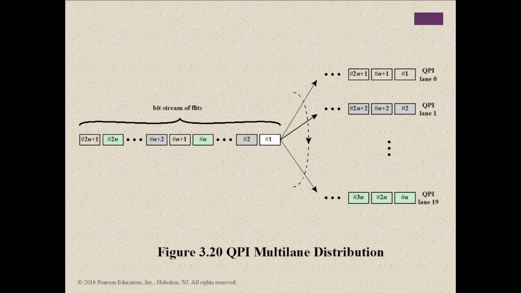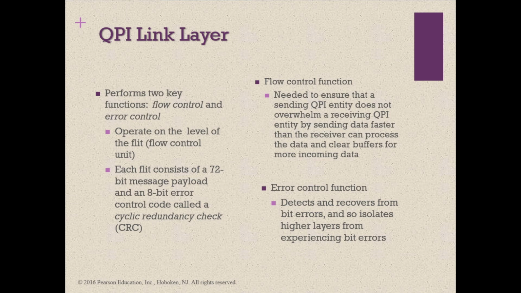Next we have another elaboration of the QPI link layer. The QPI link layer performs two key functions: flow control and error control. These functions are performed as part of the QPI link layer protocol and operate on the level of the flit, or flow control unit. Each flit consists of a 72-bit message payload and an 8-bit error control code called a cyclic redundancy check, or CRC.